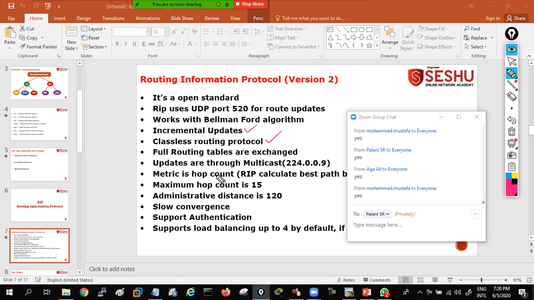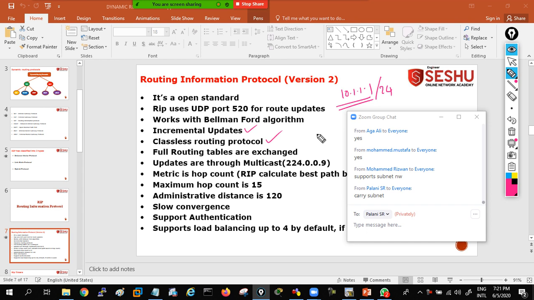Now classless routing protocol. RIP is a classless routing protocol. Classless means what? I explained this to you. It supports subnetted networks also, right? We actually used 10.1.1.1 with mask /24, right? We didn't use /8, right, guys? Everybody understand that point?